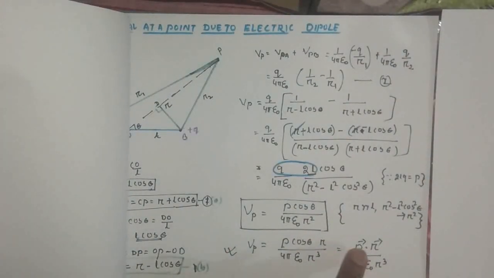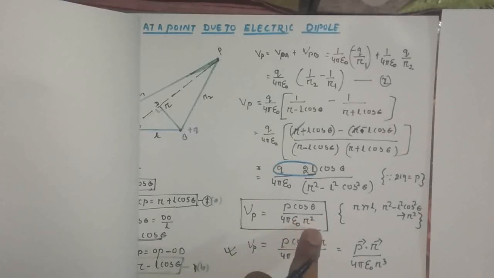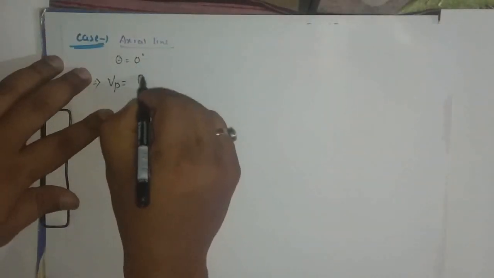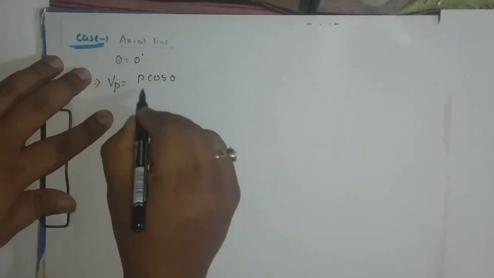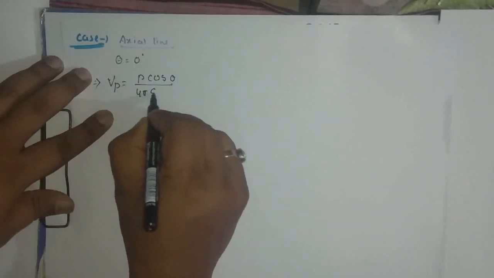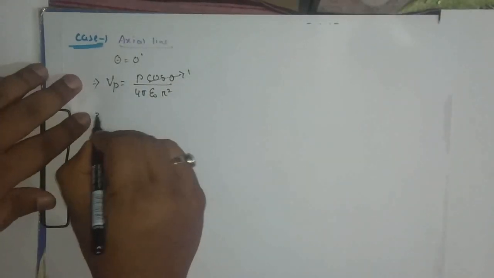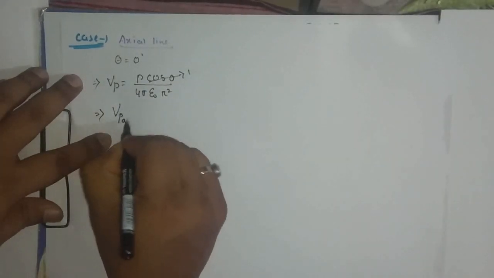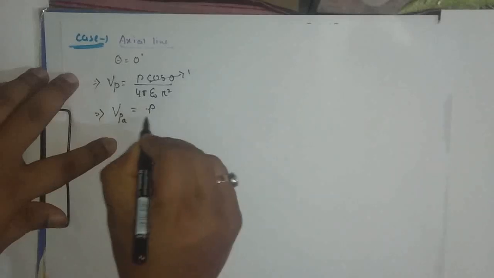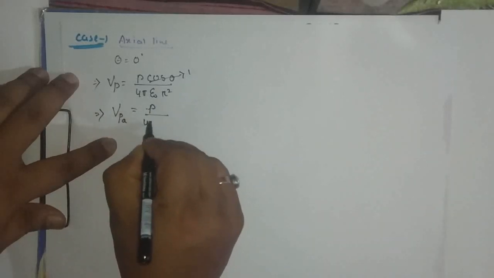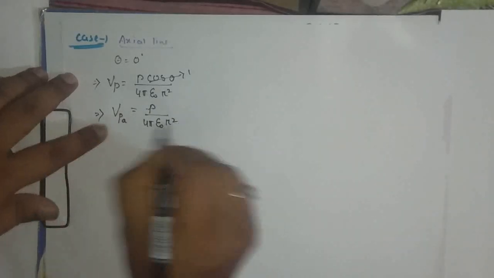P cos theta by 4 pi epsilon naught r square. Let me write it. P cos theta means p cos 0 by 4 pi epsilon naught r square. Cos 0 is 1. So it will be, due to axial case, p by 4 pi epsilon naught r square.